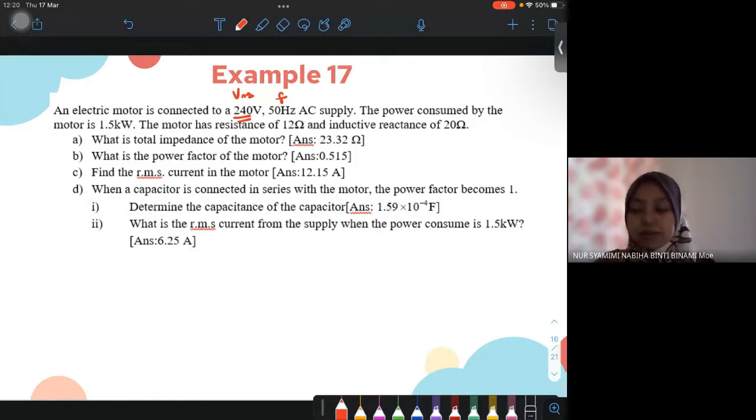The power consumed by the motor is 1.5 kilowatt, so that is our P. We don't know whether it is P average or which P. The motor has a resistance of 12 ohms, and inductive reactance of 20 ohms, so inductive reactance is XL. A, what is the total impedance of the motor?